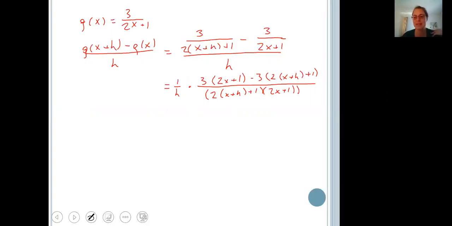Okay, we're going to leave it just like that for a minute. We have no reason to multiply that denominator out. We're just going to leave it alone and see what happens.